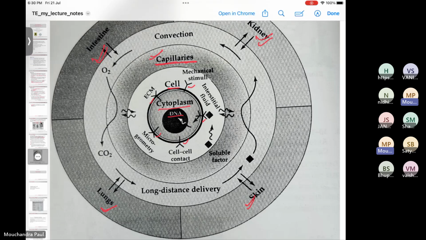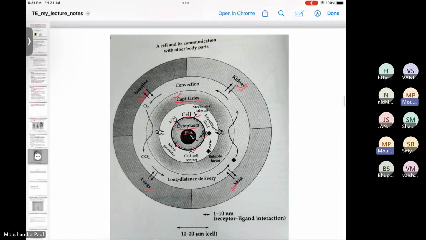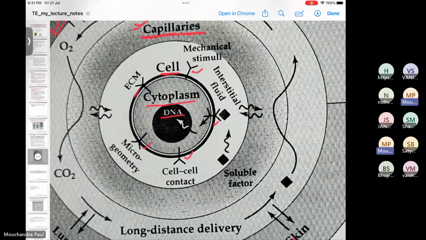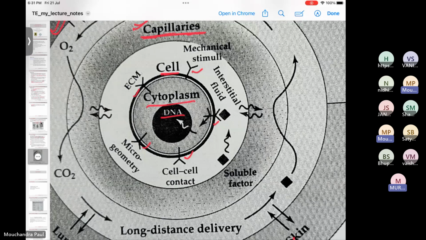So this is how you can visualize, or this sphere helps you visualize, the complex microenvironment a single cell is present in. Now note these small diamond shaped kind of things.